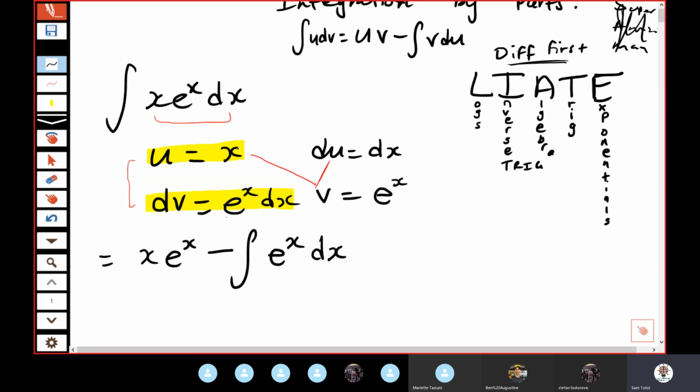So u times v, x e^x. Do you agree with that? Minus v du. So v with du. So therefore it's going to be e^x with dx. Does that make sense? But just think of it as a tick. I like that tick more.